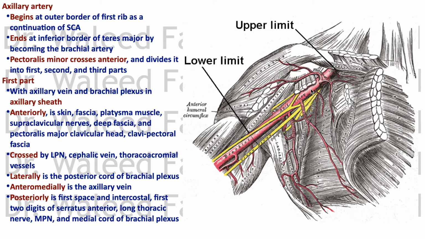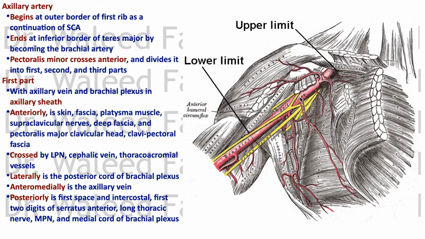Laterally is the posterior cord. Now remember, doctors, when the artery descends, it is in close relation to the cords of the brachial plexus. First, it crosses the medial cord, so the medial cord is a posterior relation to the first part.